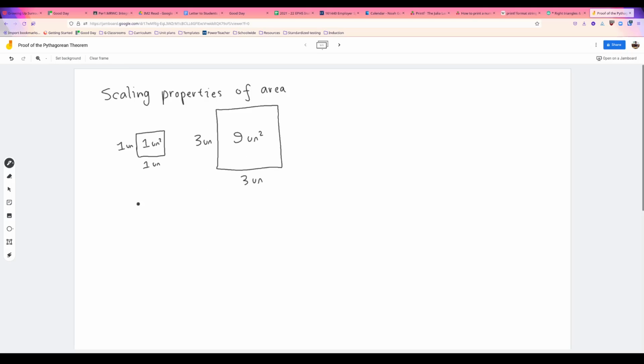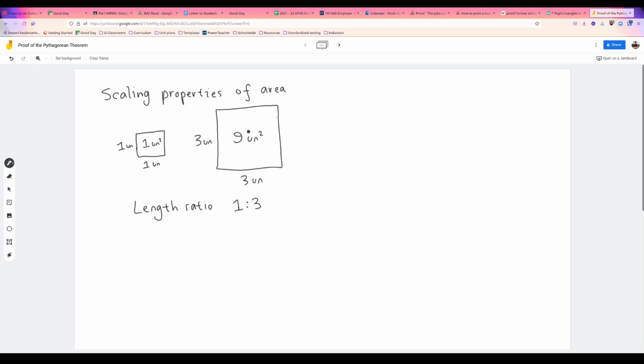So you look at the side length ratio. Let's say the length ratio. It's 1 to 3. Or another way you could think of it is the scale factor is 3 for the lengths.